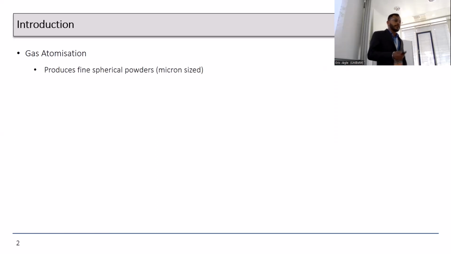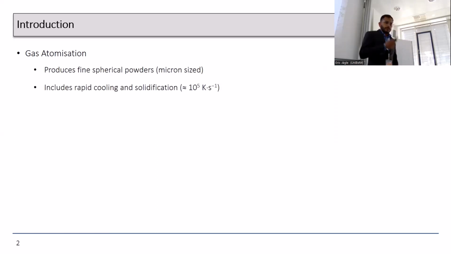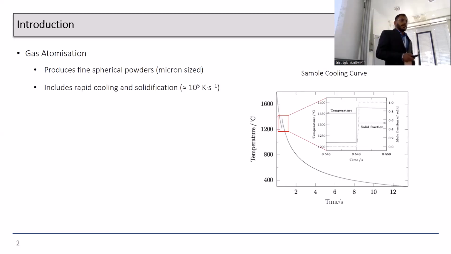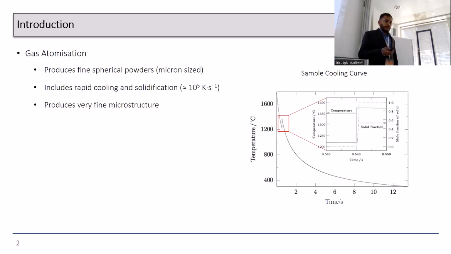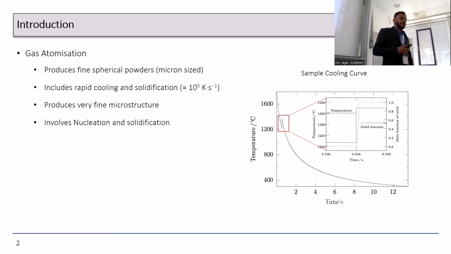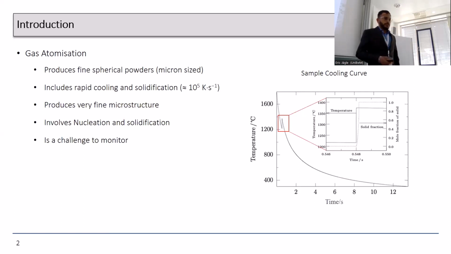It's taken from Aachen. The process includes very rapid cooling and solidification in the range of 10 to the power 5 kelvins per second, and produces a very fine microstructure due to the high cooling rate. It involves two important processes, nucleation and solidification. The process is really hard to monitor as it occurs at a high temperature inside a closed chamber.